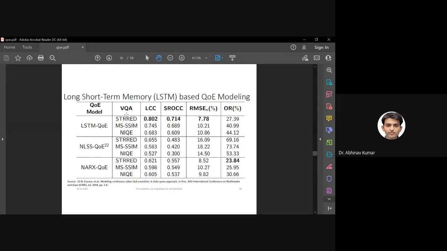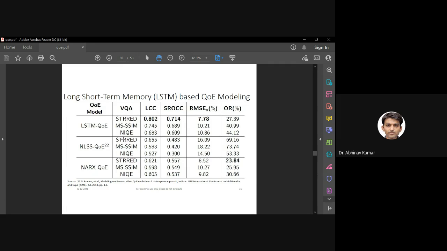So we compare it now with some more state of the art works available. For example, NLSS QoE was again another work proposed by us, and then NARCS QoE was available. And if you look at the performance metrics in terms of OR, obviously the NARCS QoE model is the best. It has the least OR across all VQA metrics.